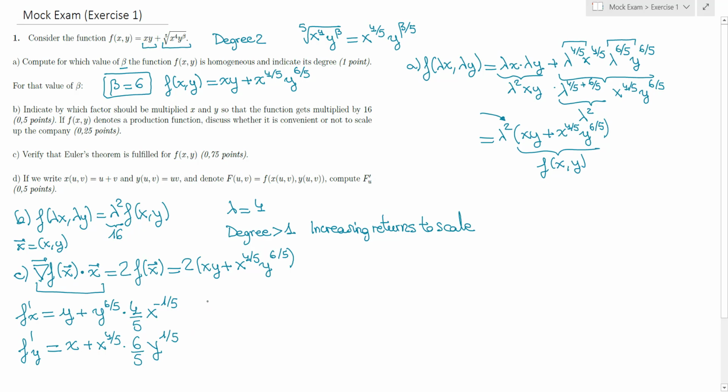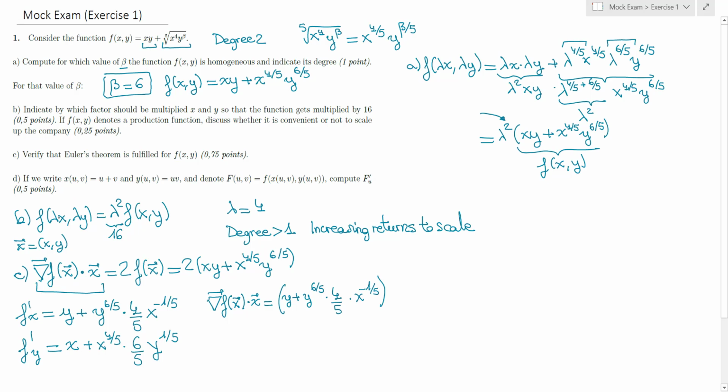So actually, what's the gradient? Okay, the gradient in this case will be, well, we can actually multiply directly by x. Let's do it. It's y plus y to the 6/5 times 4/5 of x to the minus 1/5.